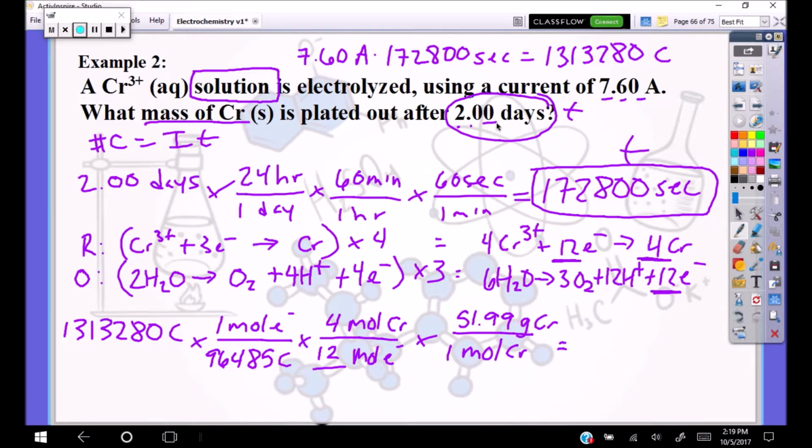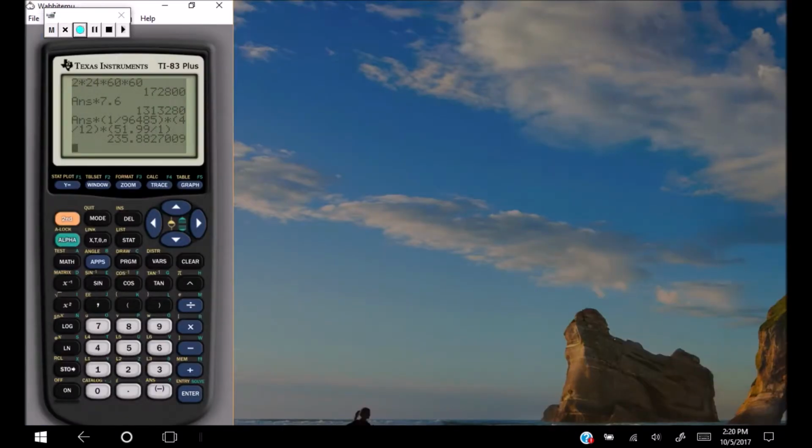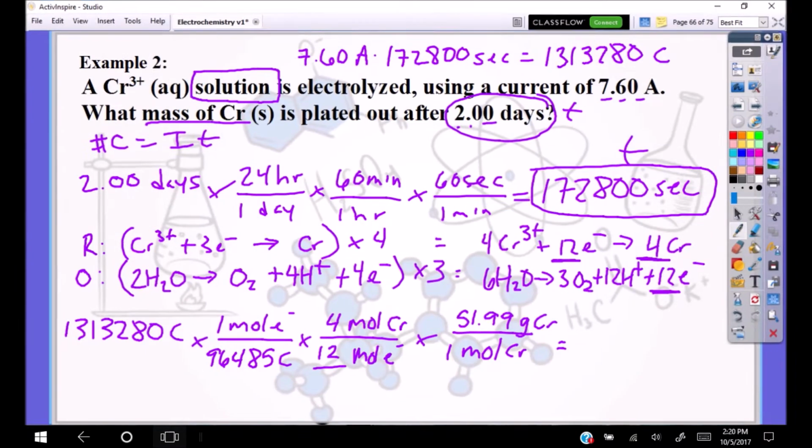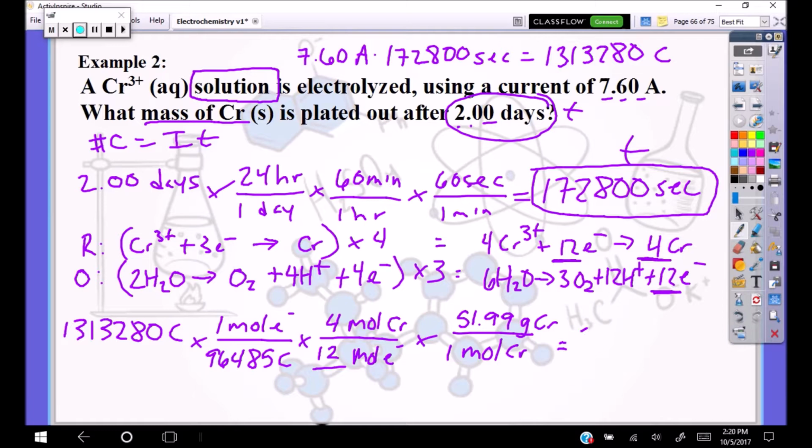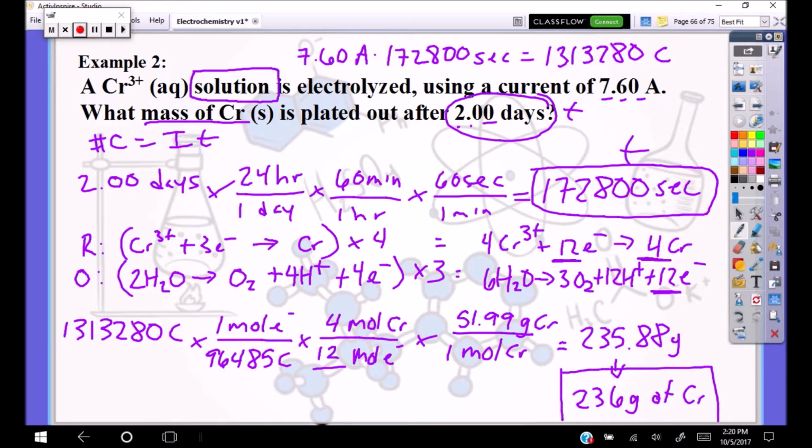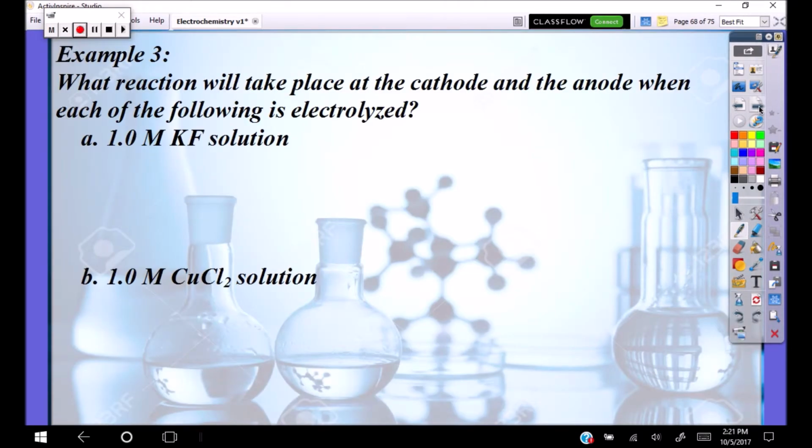And we get 235.88 grams. If we account for sig figs, this becomes 236 grams of chromium. So that's cool. That's a lot of chromium. But again, think about the time. It takes 2 days to get this much chromium. Yikes.